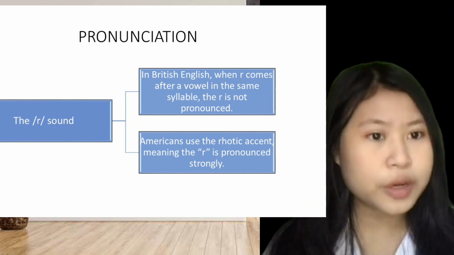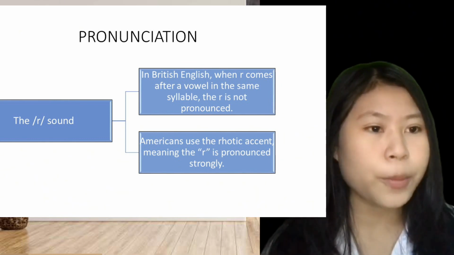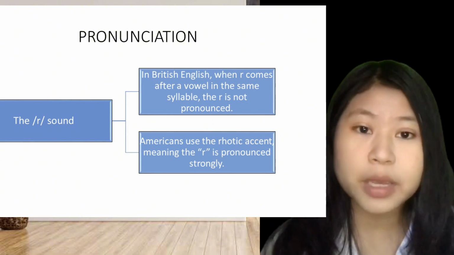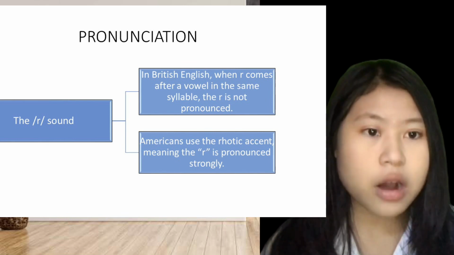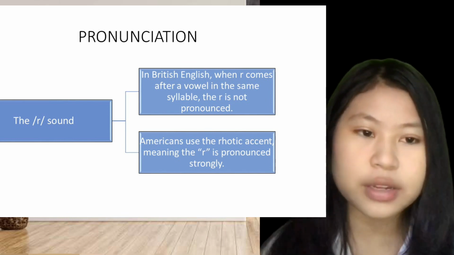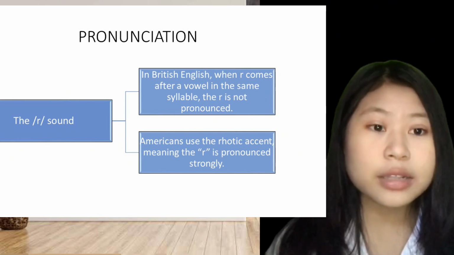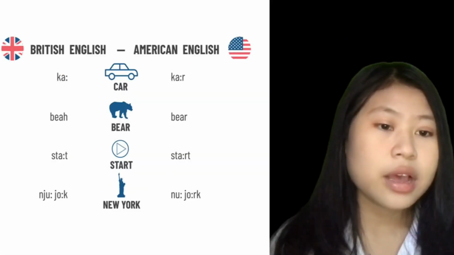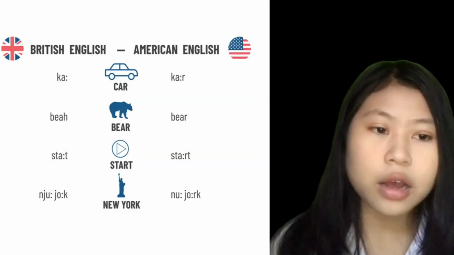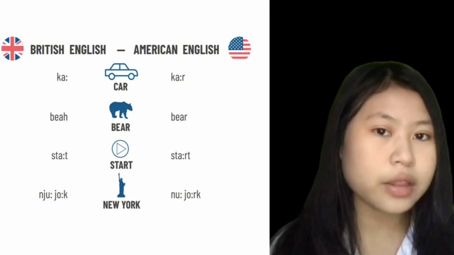When you hear a British person speak and then compare it to American speech, the first thing you'll probably notice is that the R sounds very different. Let's take a look with some examples. In British, we say car, and the R sound is silent.